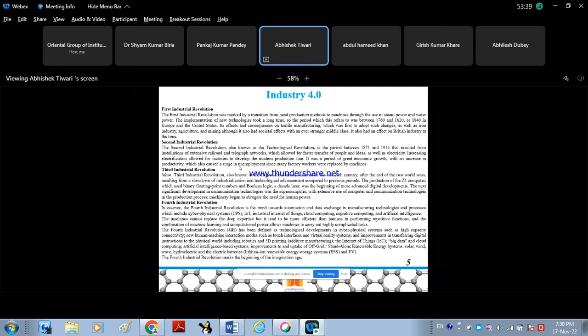And the fourth industrial revolution has been defined as technological development in cyber physical systems such as high capacity connectivity, human machine interaction modes such as touch interfaces and virtual reality systems, and improvement in transferring digital instructions to the physical world, including robotics, 3D printing, also a synonym for additive manufacturing, Internet of Things, big data and cloud computing, and AI-based systems, and improvement to and uptake of off-grid standalone renewable energy systems such as solar, wind, wave, hydroelectric, and electric batteries, lithium-ion renewable energy storage systems like the electric vehicle.